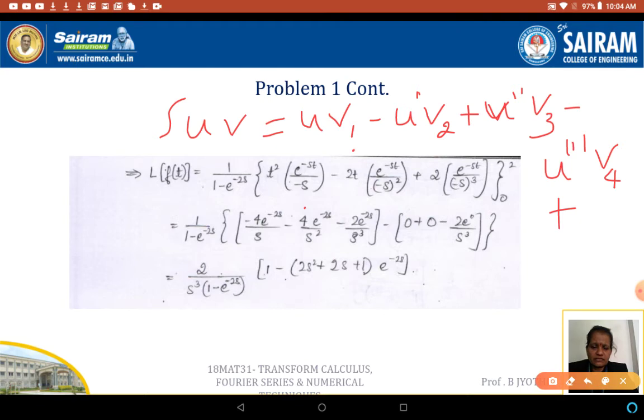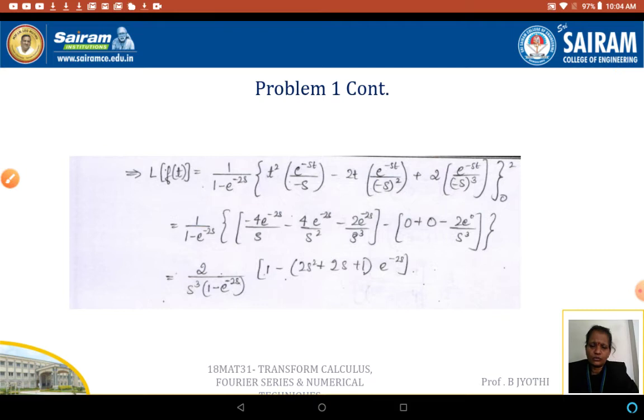And the limits, since everything is integrated, we will have to substitute the limits, that is 0 to 2. Now this part is a constant.